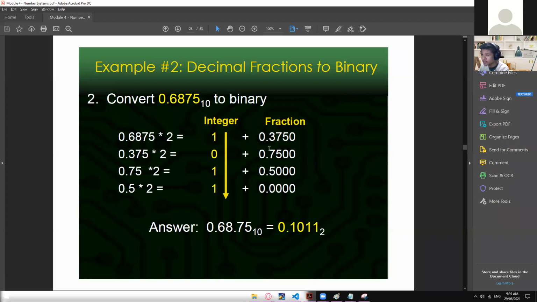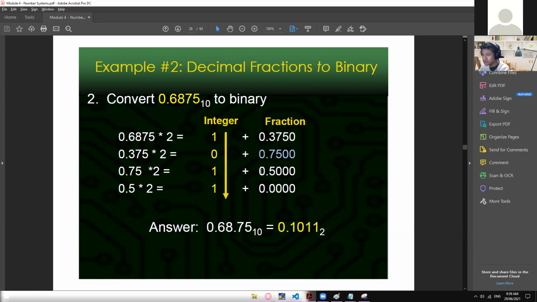So 1 for the integer and 0.375 for the fraction. Then 0.375 times 2 gives 0.75, so 0 for the integer and 0.75 for the fraction. Then 0.75 times 2 gives 1.5, so 1 for the integer and 0.5 for the fraction. Then 0.5 times 2 is 1, and 0 now for the fraction.